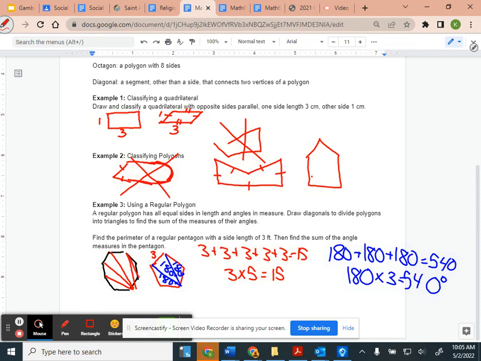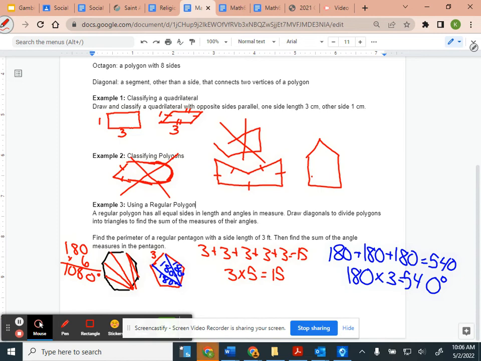I can't draw very well with marker, but I have 1, 2, 3, 4, 5, 6 triangles. So what do I do to find how many degrees that is? There are 6 triangles. Josie? 180 times 6. 1,080 degrees in an octagon.